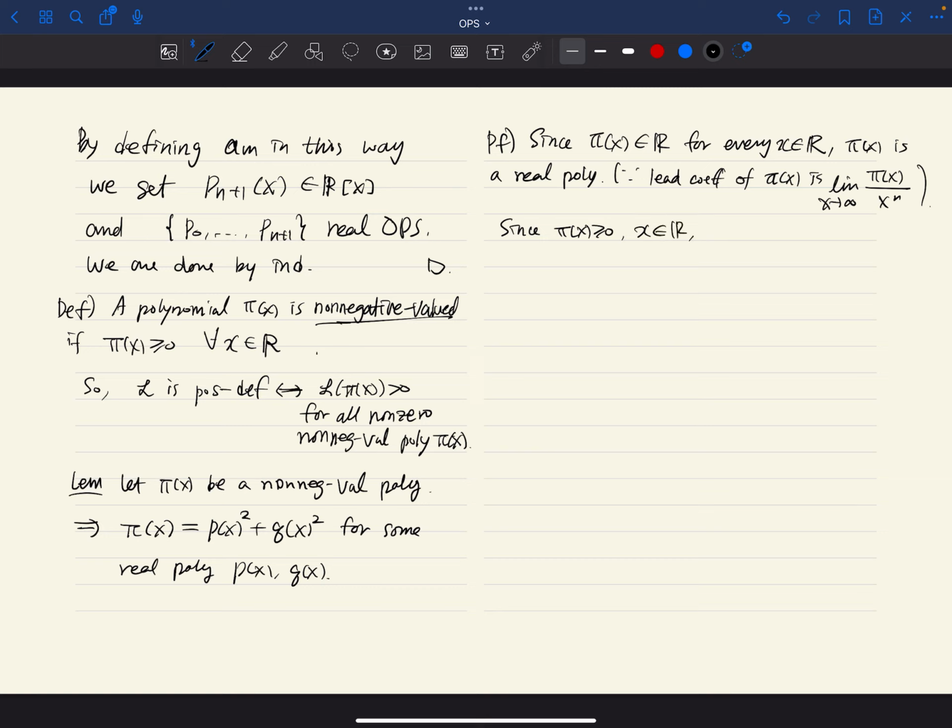If you imagine the graph, all zeros or roots, they mean basically the same, all real roots of pi of x have even multiplicity, right?